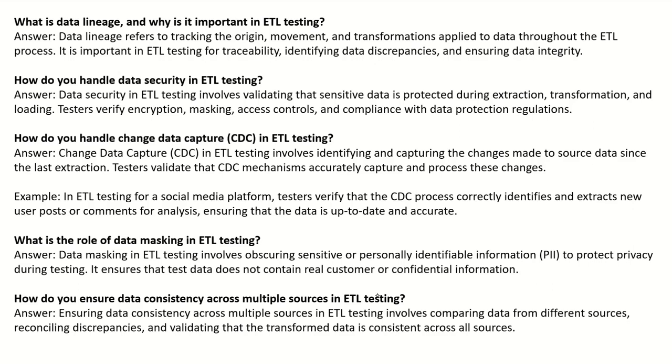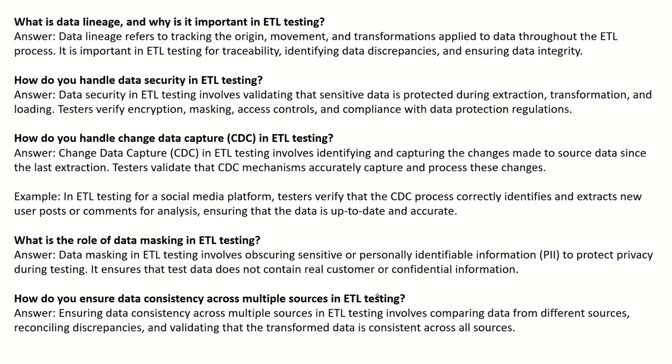So coming to next question, what is the role of data masking in ETL testing? Data masking in ETL testing involves obscuring sensitive or personally identifiable information to protect privacy during testing. It ensures that the data does not contain real customer or confidential information.